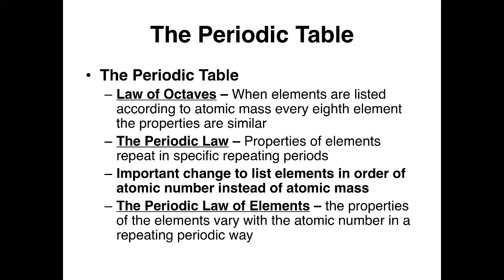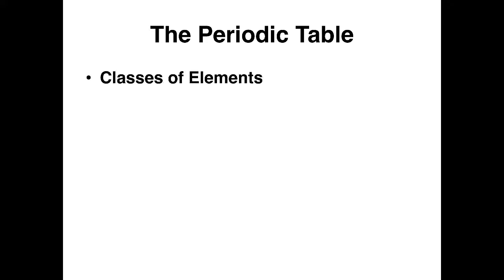So the periodic law states that the properties of elements vary with the atomic number in a repeating or periodic way. So when they did that, they were able to arrange the elements in what was known as classes. And classes are the columns that you see on the periodic table.